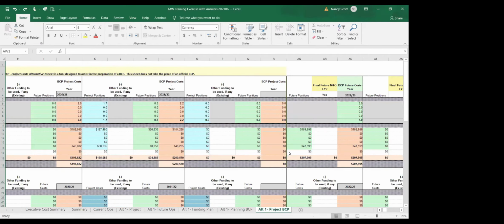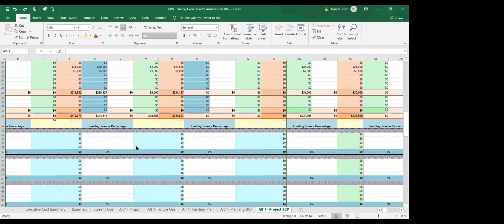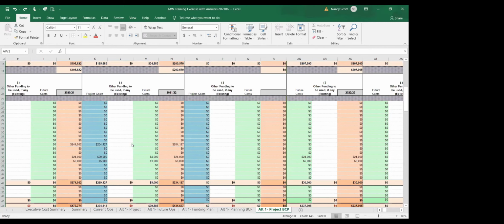So right here, if I'm a department, if I go to that same year, 21-22, this would be a perfect opportunity for me to show where I am not going to fund it through a BCP. I'm using existing funds, and I could put that in my comments.